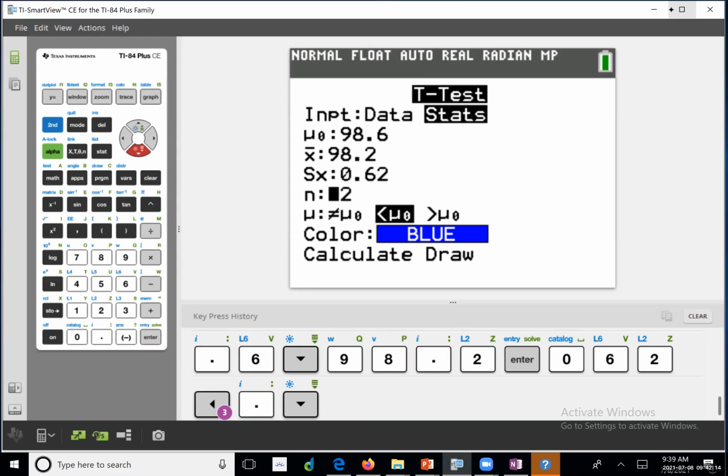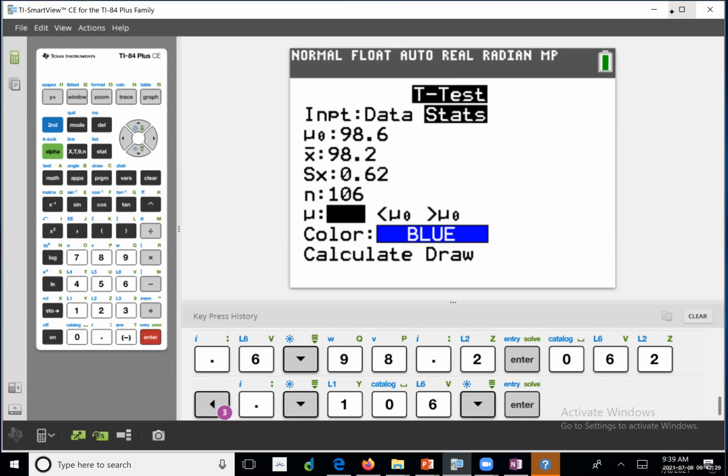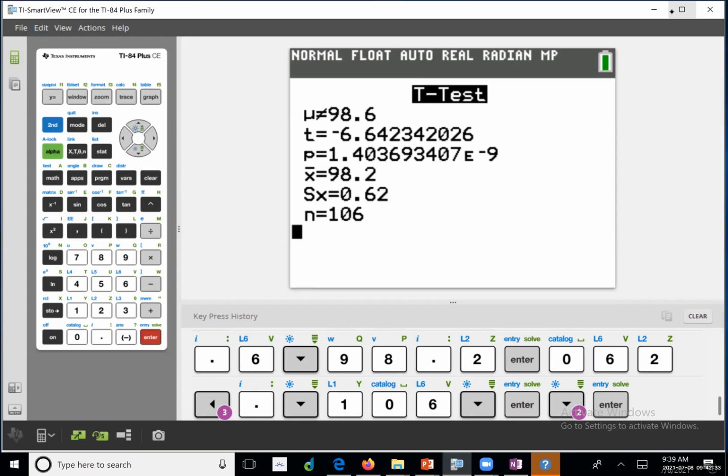And what is n? 106, which is greater than 30. And you're testing exactly 98.6, so the opposite is inequality. Then you calculate.